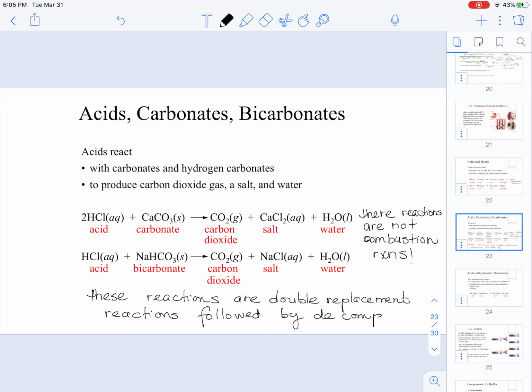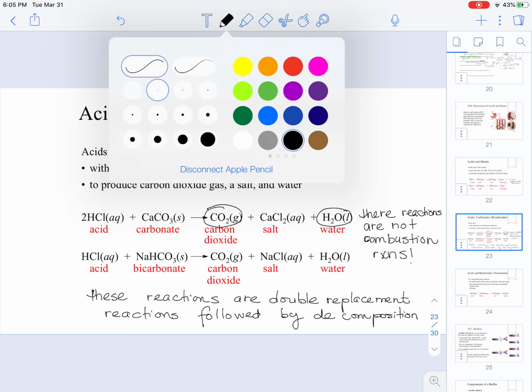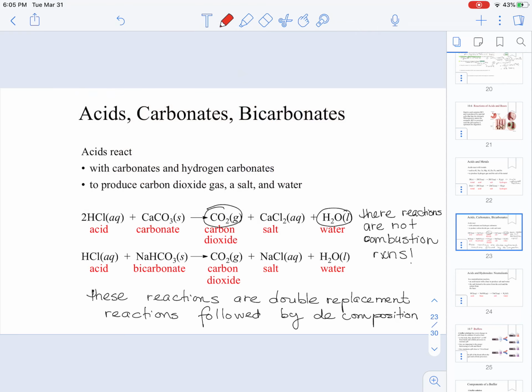What this means is that the CO2 and the water, so sorry, I circled the water first. The CO2 that we have on the left and the water, before they broke down to that, they first formed H2CO3, and this carbonic acid broke into water and CO2.